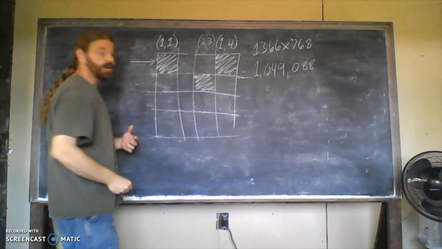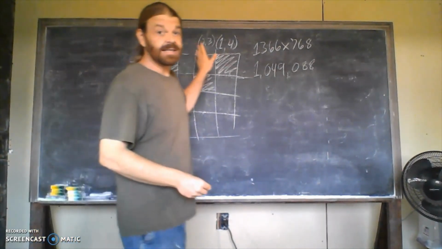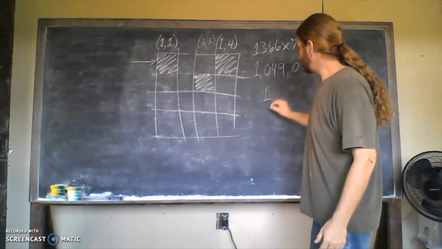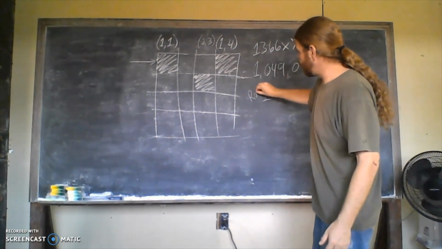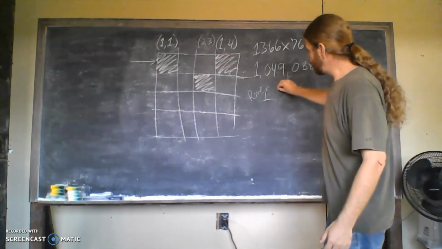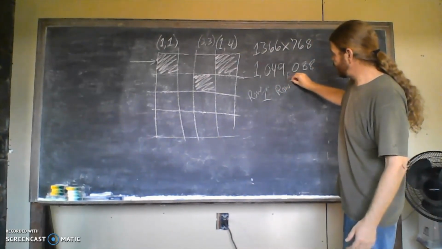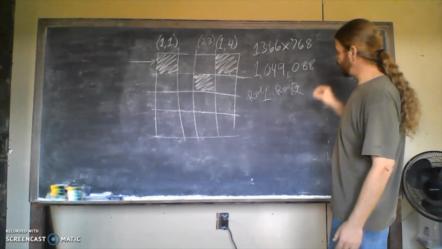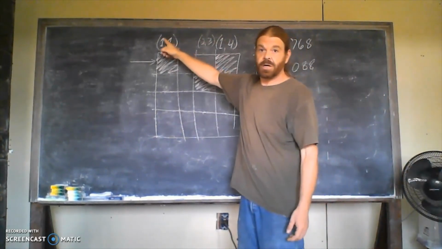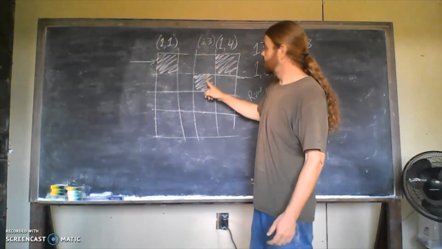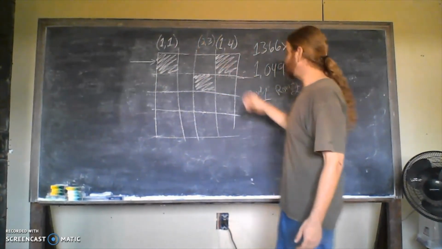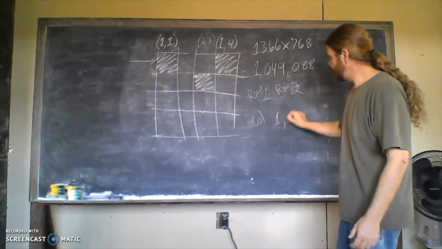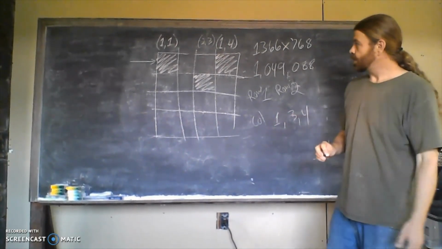And now we kind of hit a problem. Because if we just fed that in straight, well, we're going to turn on row 1, and we're going to turn on row 2, and we're going to turn on column 1, column 3, and column 4.